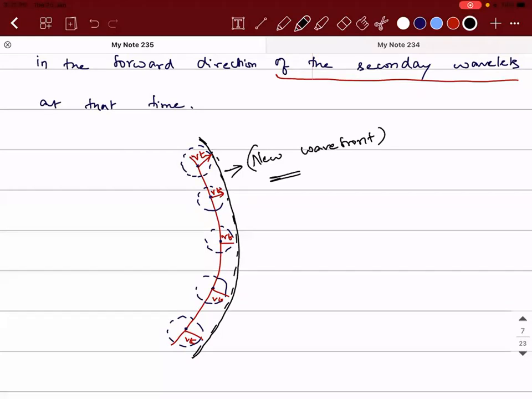This point is very, very important for you to understand the subsequent concepts of the law of reflection and law of refraction, which we will be proving using the wave theory of light.